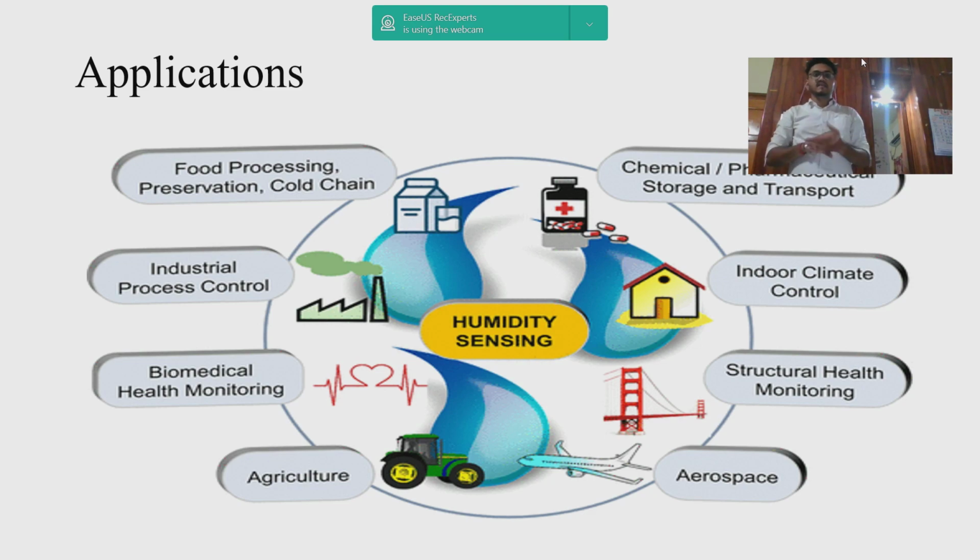We can have a humidity sensor to monitor the humidity and moisture level in the air and temperature. And we can use IoT devices to monitor the humidity levels on your phone. This is also an advancement in this generation.